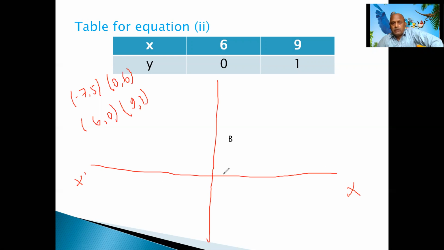Suppose that 1, 2, 3, 4, 5, 6, 7, 8, 9, 10, minus 1, minus 2, minus 3, minus 4, minus 5, minus 6, minus 7, minus 8 on the x-axis. On the y-axis, 1, 2, 3, 4, 5, 6, 7, 8, 9, 10, and you write minus 1, minus 2, minus 3 and so on. Here same 1, 2, 3, 4, 5, 6 and 7.